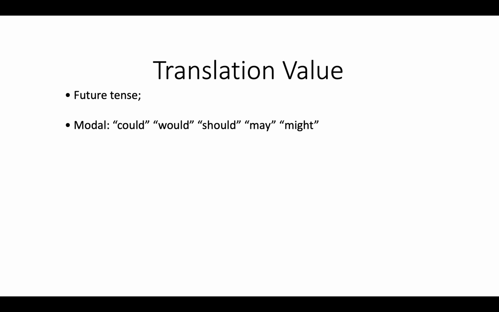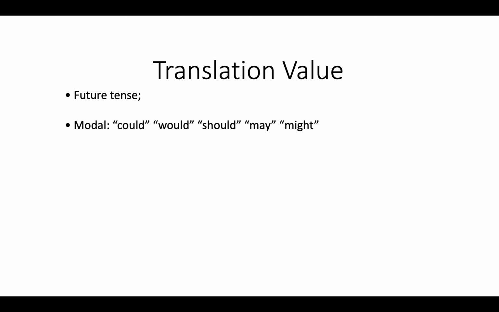A few words about the translation value of the imperfect. Again, the default for the imperfect is the future tense. So if you don't have any other information leading you in any other direction, future tense is probably where you need to go. There's also the possibility for what Seau and others call the modal tense.